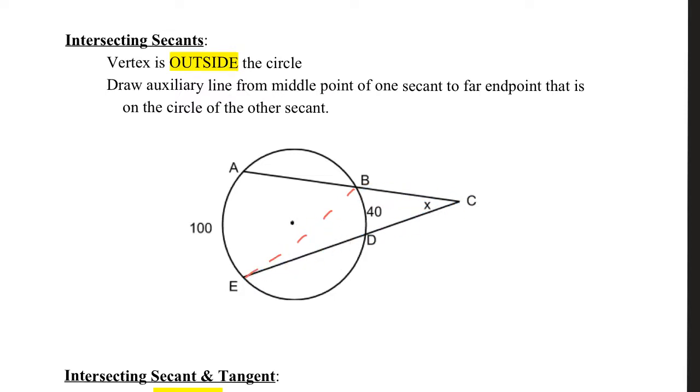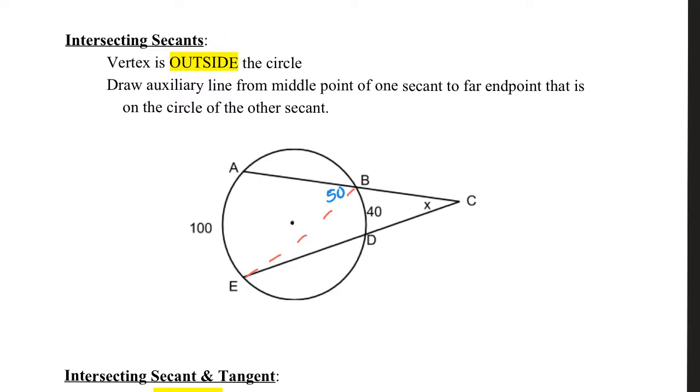So I drew my auxiliary line, and now I've created my triangle, and I've also created inscribed angles, EBA, which cuts off AE, which I know is 100, so therefore this is half of that. So this is 50.